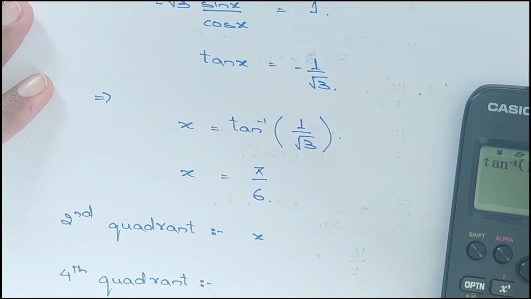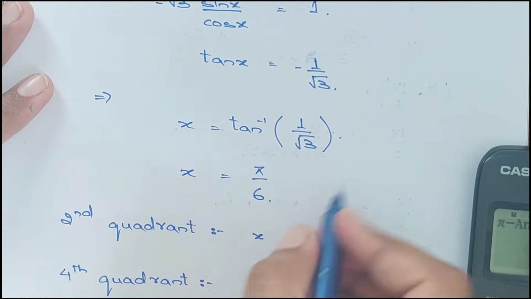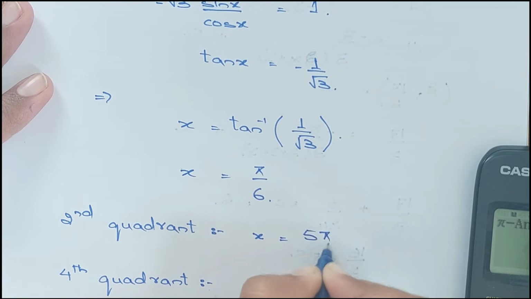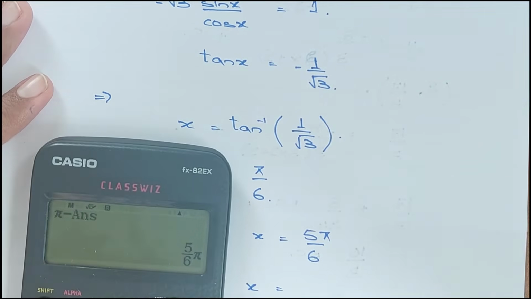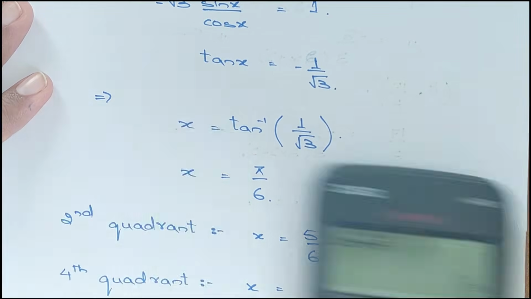For the second quadrant we have to do 180 minus theta, so pi minus pi by 6. Pi minus pi by 6 is 5 pi by 6. And for the fourth quadrant we do 2 pi minus pi by 6, which is 11 pi by 6.